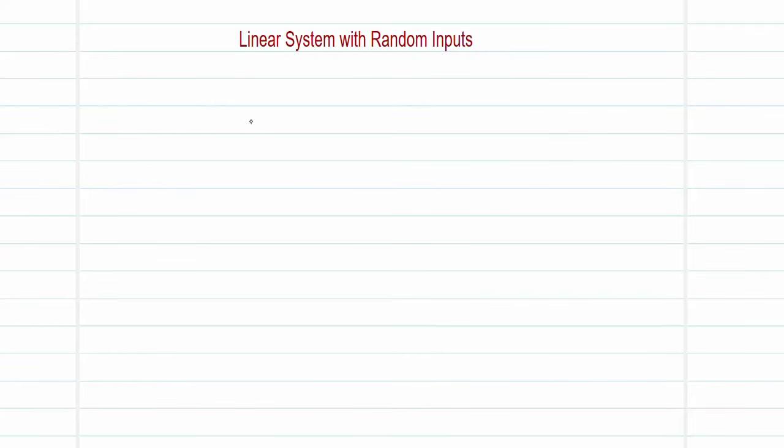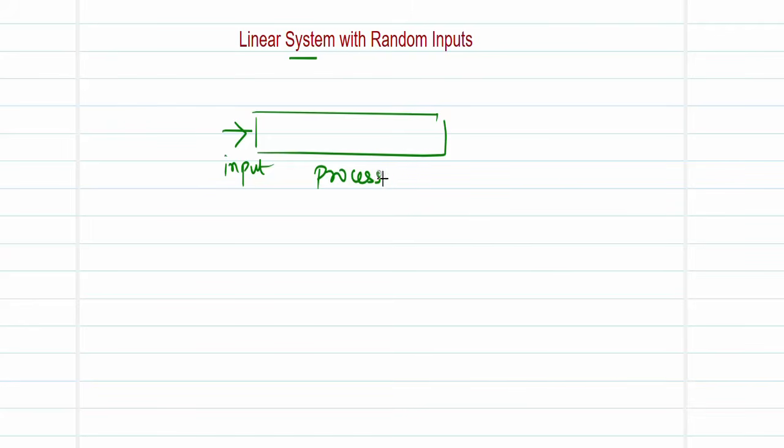Suppose first we will have to define what is meant by a system. If you are going to give an input, and if this input is going to be processed and then it provides you with an output, then such a setup is referred to as a system.